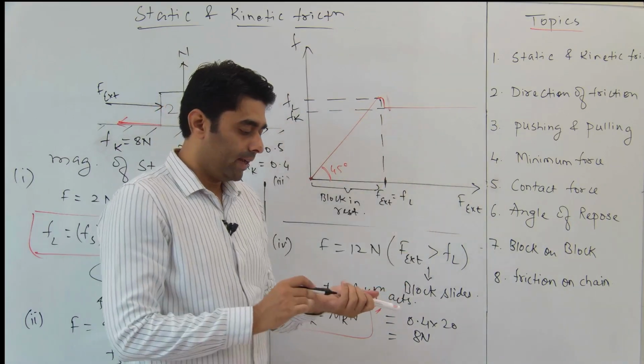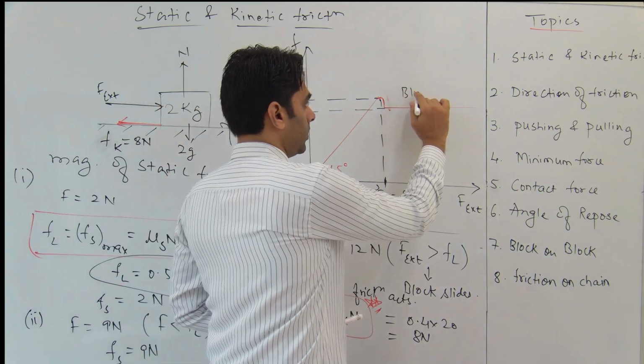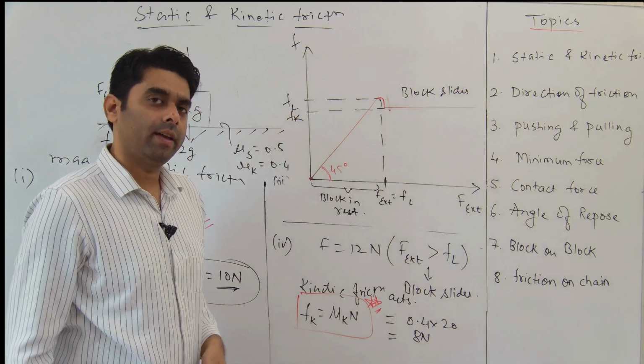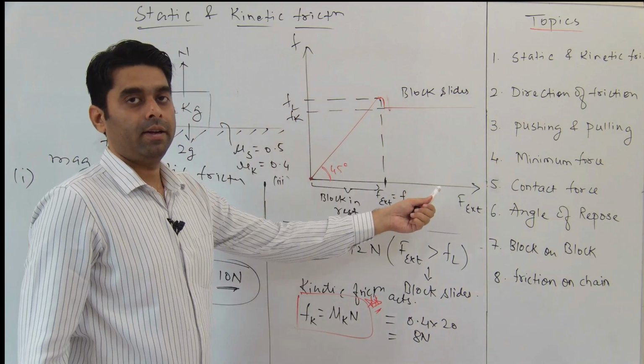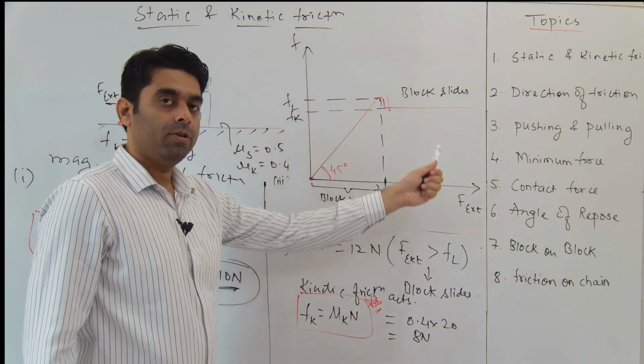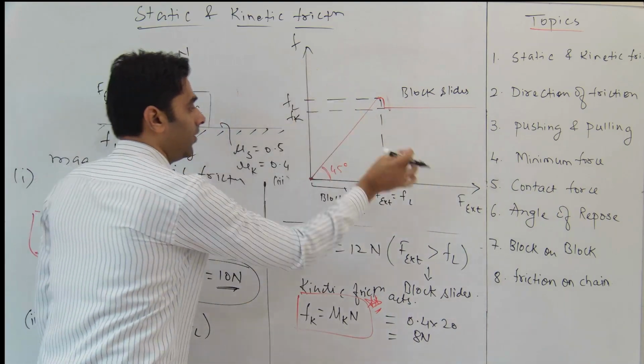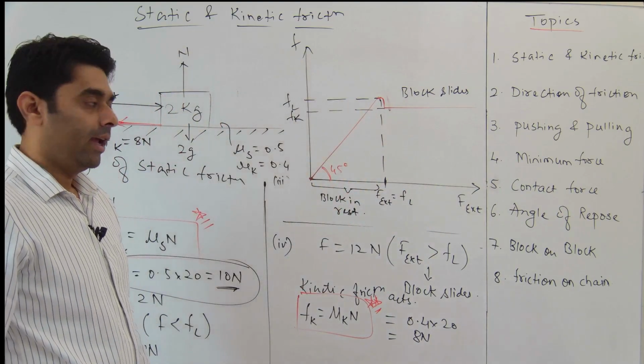It will be sliding. And you will also observe that kinetic friction is constant. Once it starts moving, kinetic friction will act and it will be constant. So this is the graph between friction and external force applied, right? I hope you understood it.